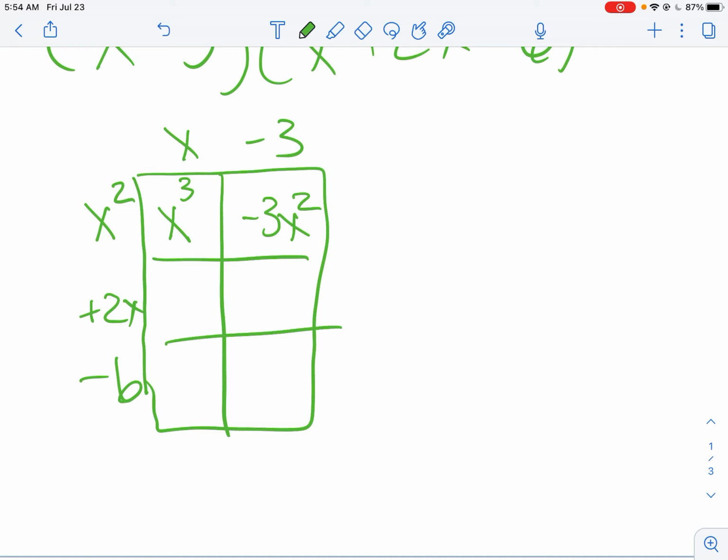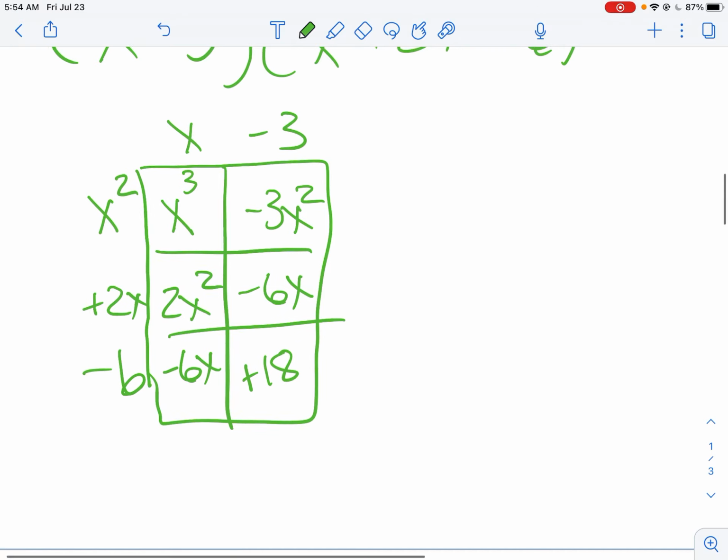X times 2x will get 2x squared. -3 times 2x will get -6x. And x times -6 would get -6x. And last but not least, -3 times -6 is +18.